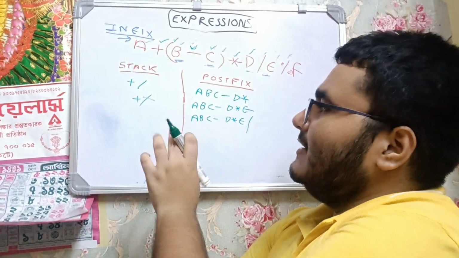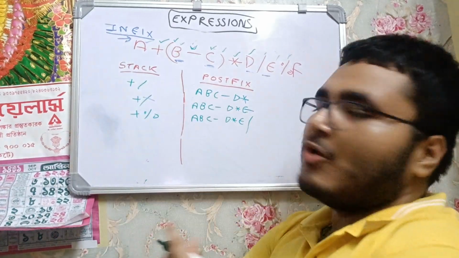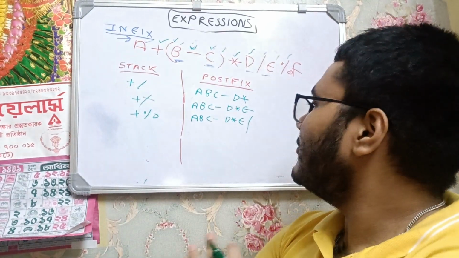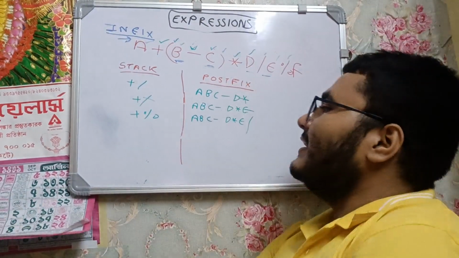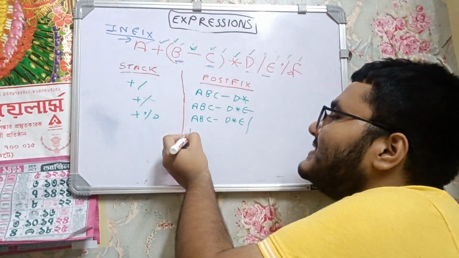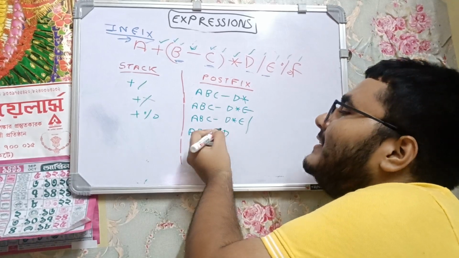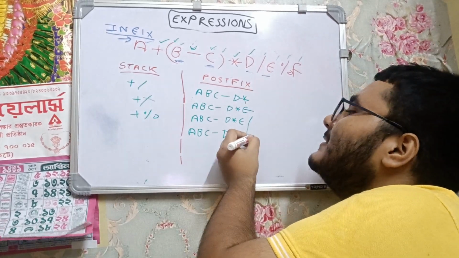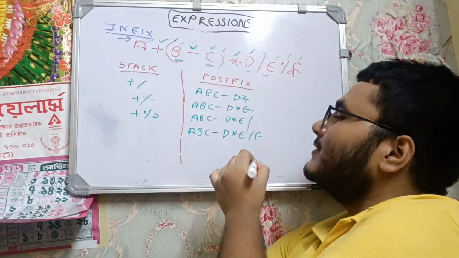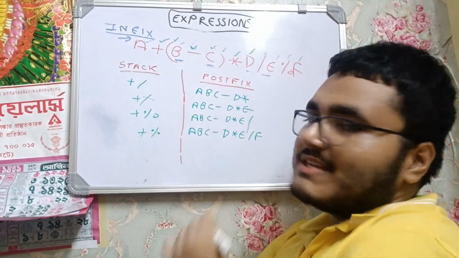And then modulus replaces it. And then F arrives. In the next step, just write down F: A B C minus D into E by F, okay. And we are left with plus and modulo.